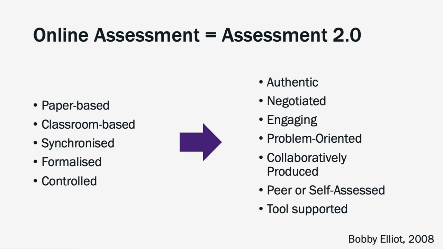Rather, Bobby Elliott is suggesting this Assessment 2.0, where assessments online could be targeted to be authentic, in terms of relying on real-world knowledge, contexts, and skills; negotiated, particularly in terms of granting students some flexibility in meeting assessments with the various tools and resources that they have at their disposal; engaging, in terms of creating and developing ideas, possibly problem-oriented so that students are solving problems as they work through their assessments; collaboratively produced, offering the opportunity for engagement together rather than requiring individualized engagement, and at times appropriate in terms of peer or self-assessment.